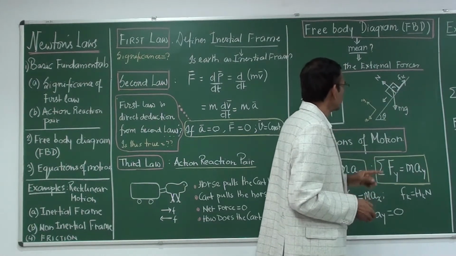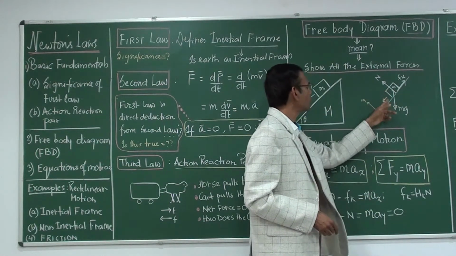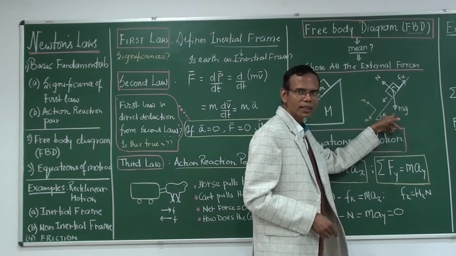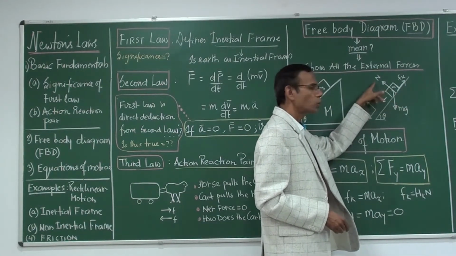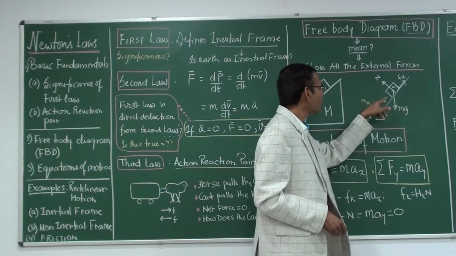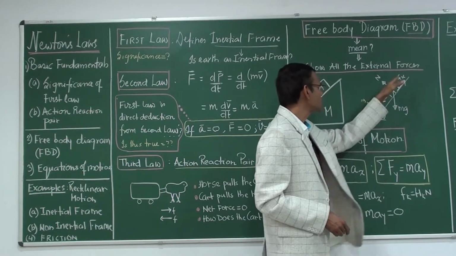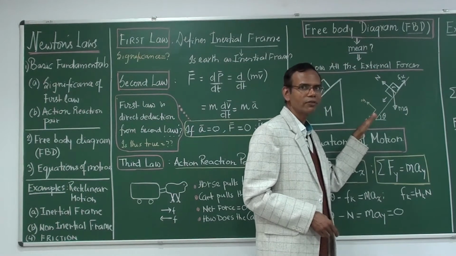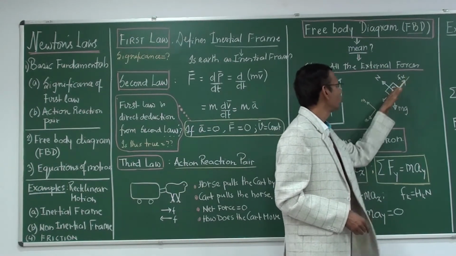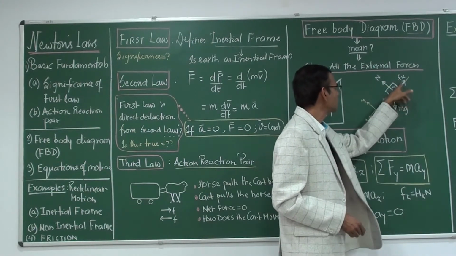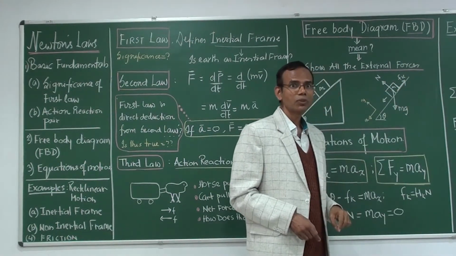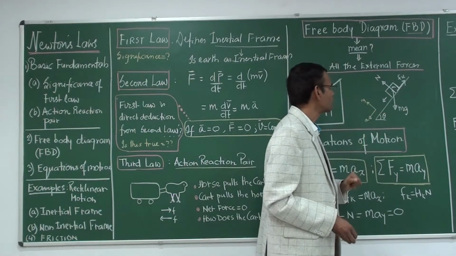You know very well the force of gravity, mg, the normal reaction by the surface onto the block, and if the surface has friction, a frictional force opposing the motion. These are the three forces acting on the body.